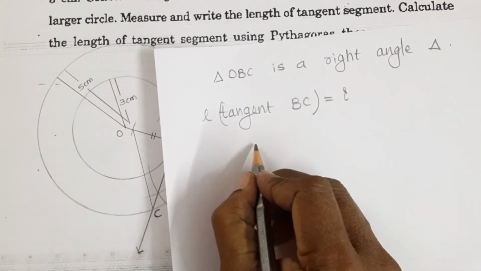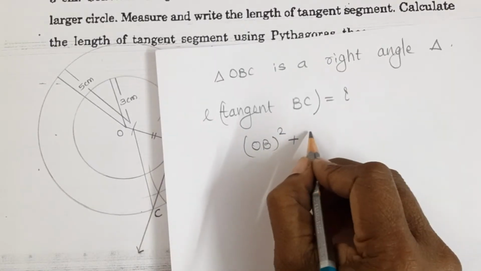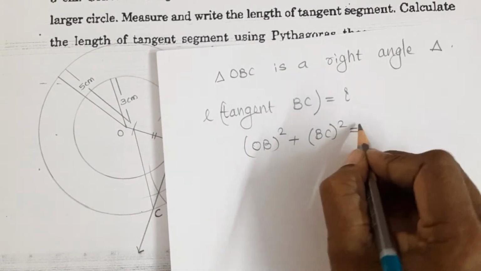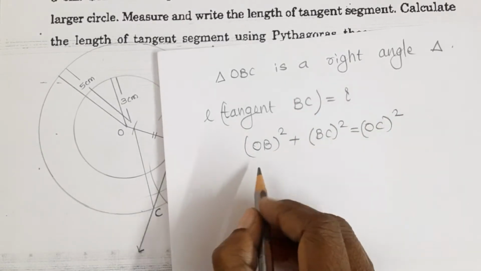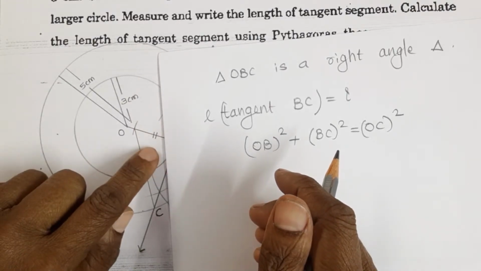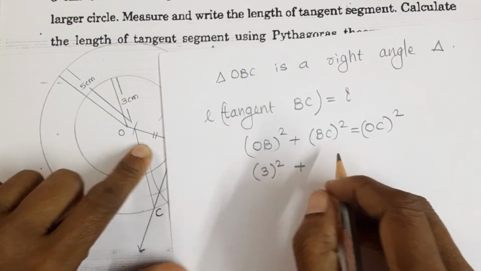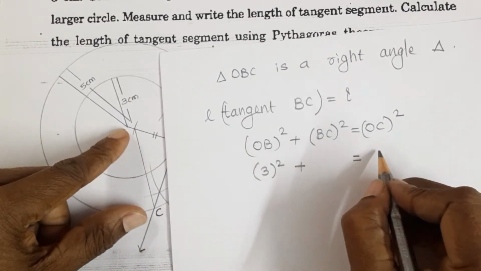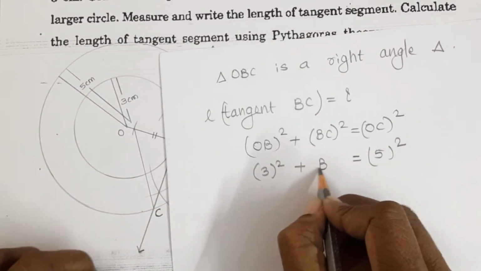Okay, so OB square plus BC square is equal to OC square. So OB is the radius of the smallest circle, square of 3, and then OC is the biggest one, so that is 5 square, and BC square.